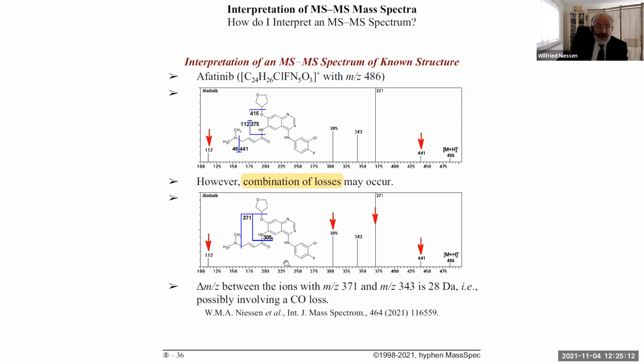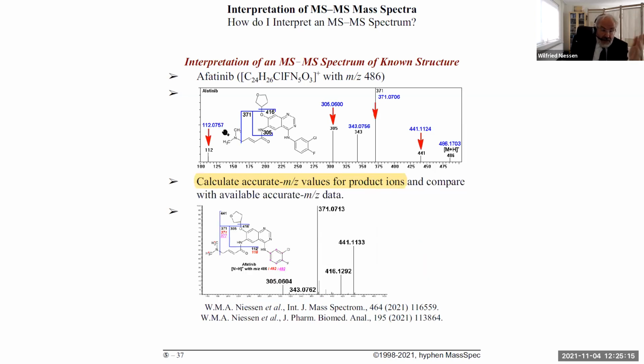So that's what we have. And then based on the structure, basically based on the fragmentation I just described, I calculate M/Z values. So exact M/Z values for the various product ions. And in this particular case, I had an ion trap Orbitrap MSMS spectrum of this compound available, which I could use to check accurate mass.